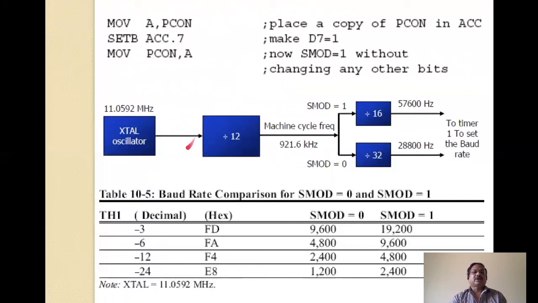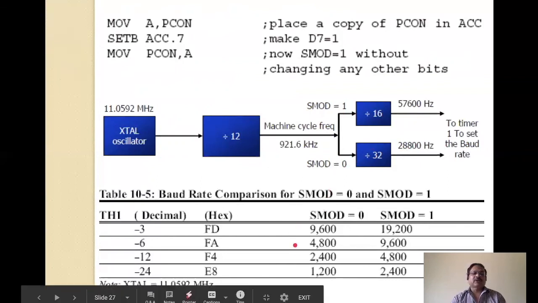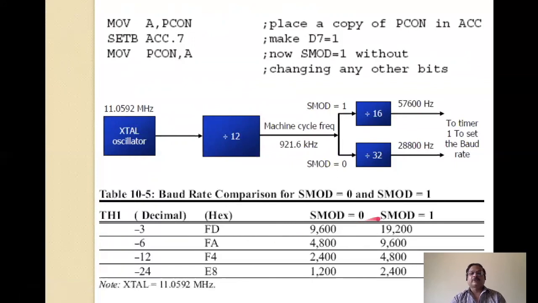Graphically it is shown here how we can double the baud rate using the SMOD bit. In this table, you will observe how the baud rate gets doubled with SMOD equal to 1.